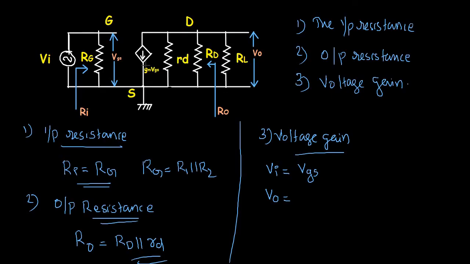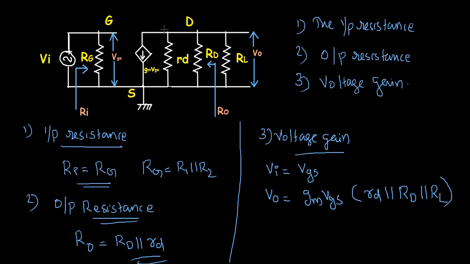Here the current is gm into VGS, and the resistance is the effective resistance of rd, RD and RL. These three resistors are in parallel combination, so the effective value is rd parallel RD parallel RL.